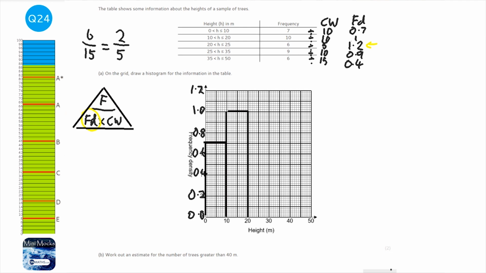Okay. Next one is 20 to 25, so we've got to be careful here. So this says it's 1.2, so we're going to go up to 1.2, across, and we've got to be careful to go to the right place, because it's only 20 to 25. And what's the next one? 25 to 35, and it's going to be 0.9.